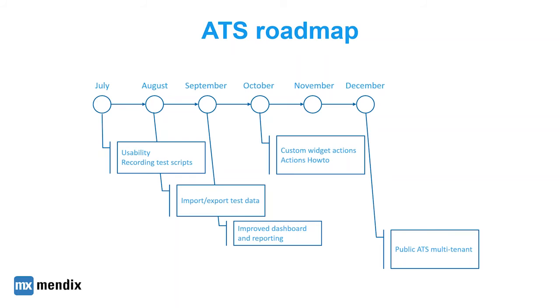It will also allow us to upgrade and update the ATS application centrally, so you will always be able to leverage the latest functionality of ATS, if you are using it. So this is just a little glimpse of the ATS roadmap and what is to come.